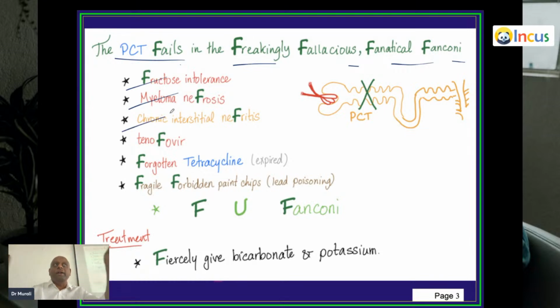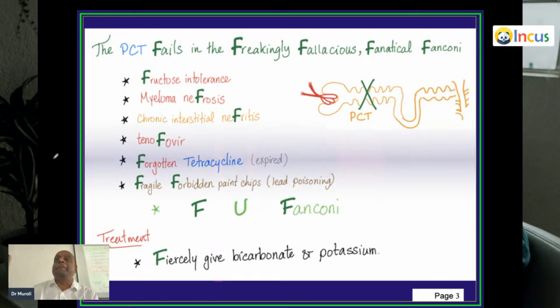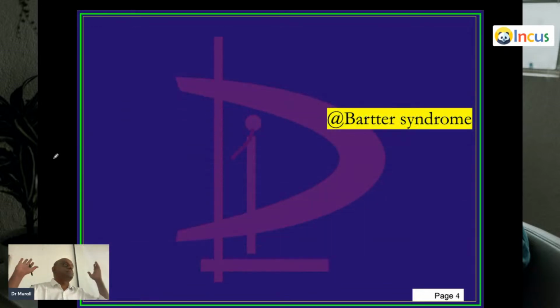Then chronic interstitial nephritis, tenofovir, forgotten tetracycline, and fragile forbidden paint chips, that means lead poisoning. They are all the causes leading to Fanconi syndrome, what you need to basically remember. That is Fanconi.